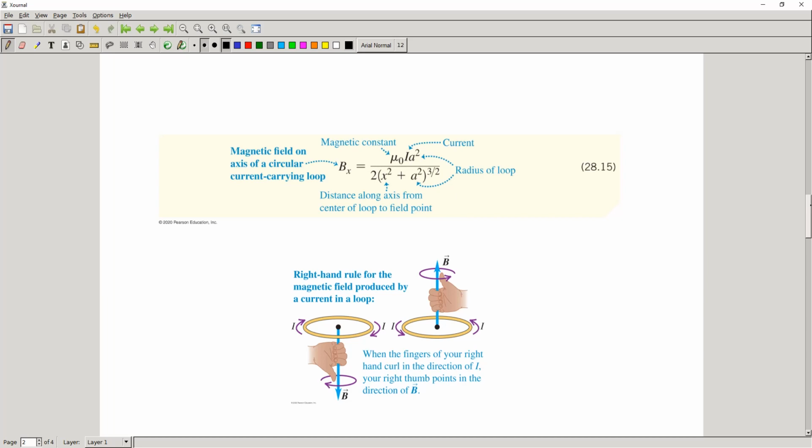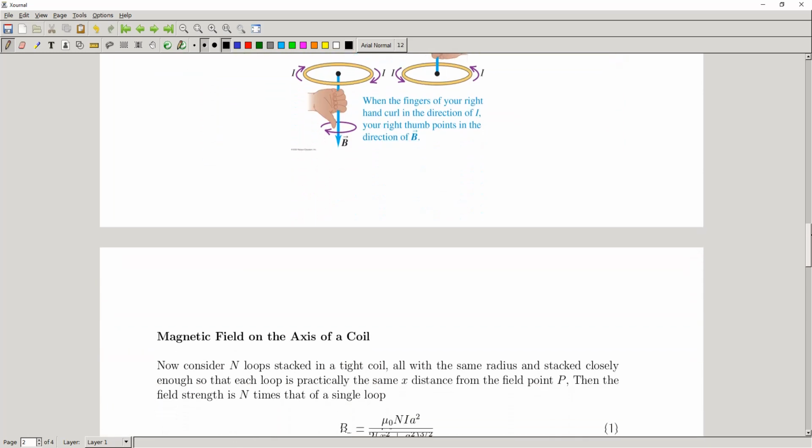If you have a current carrying loop, and you place your hand in the center of the loop and curl your fingers in the direction that the current is going around the loop, your thumb will always point in the direction of the magnetic field on the axis of the loop. If you're off that central line, your magnetic field is going to be more complicated. We're going to take a look at a picture of that in a little bit, but not just yet.